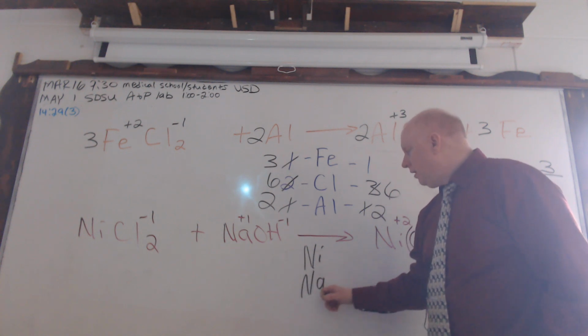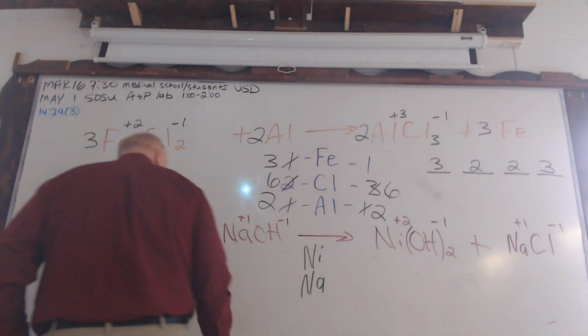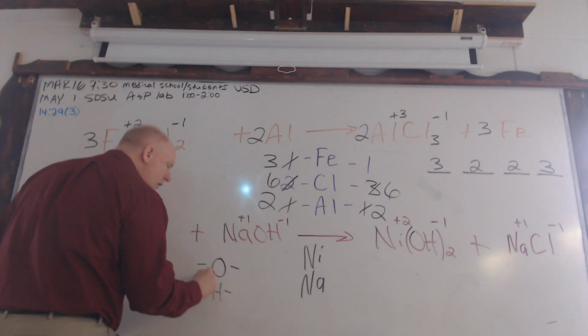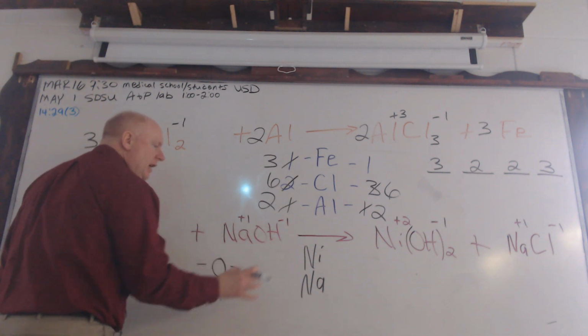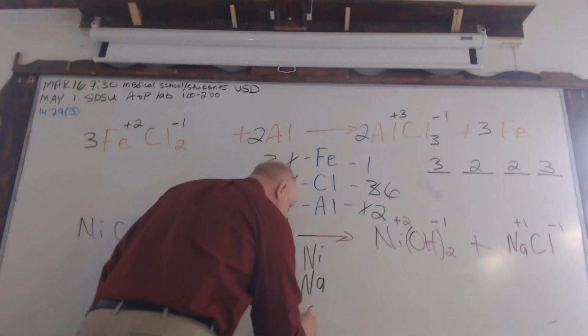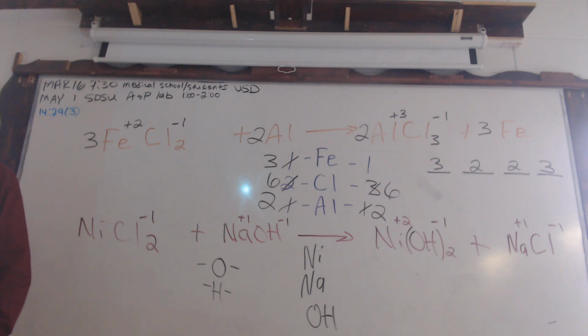Now, that brings up a good point. You can do this, but since you see a hydroxide on each side, you can also keep that together, which means this. Keep the OHs together.